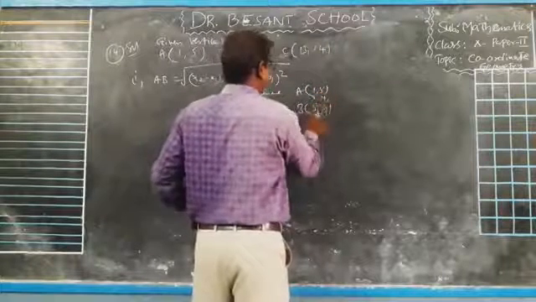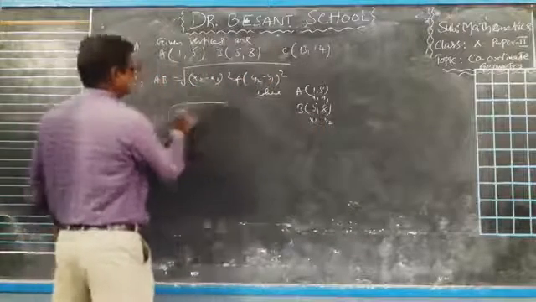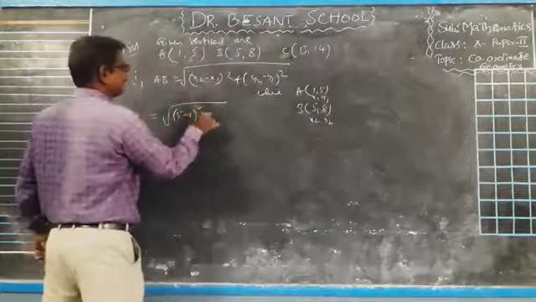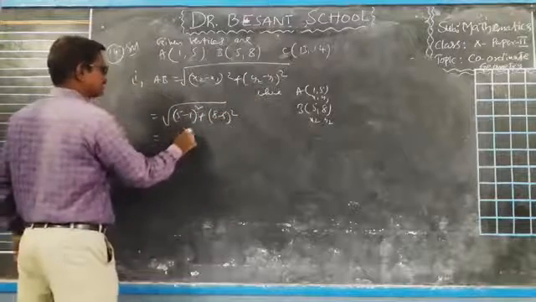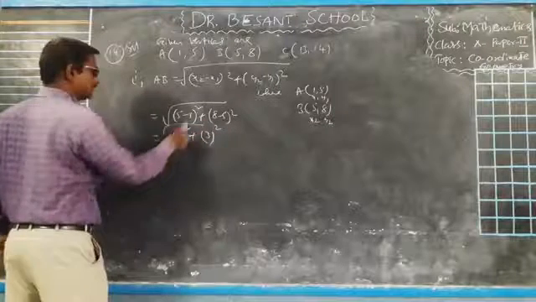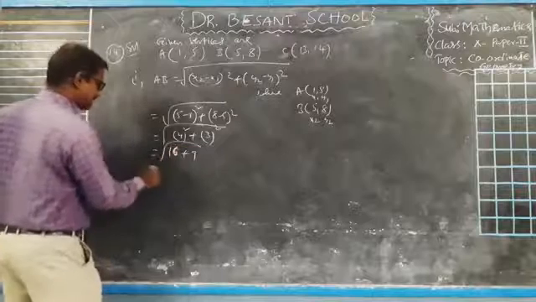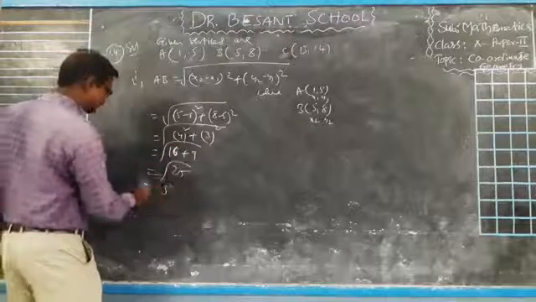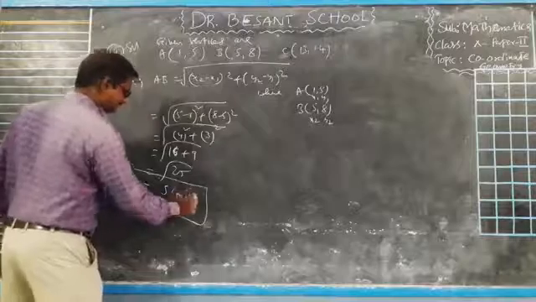Let them be (x1, y1), (x2, y2). So root over (5 minus 1) whole square plus (8 minus 5) whole square. It is 4 square plus 3 square, 16 plus 9 comes as 25. Root 25 is 5. So AB distance we got is 5 units.